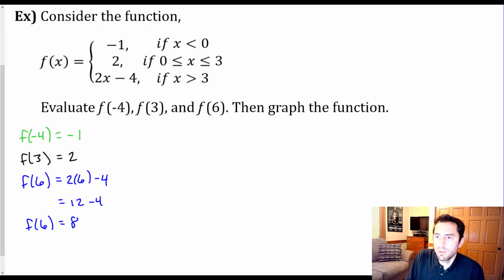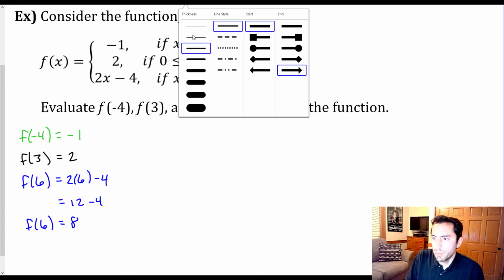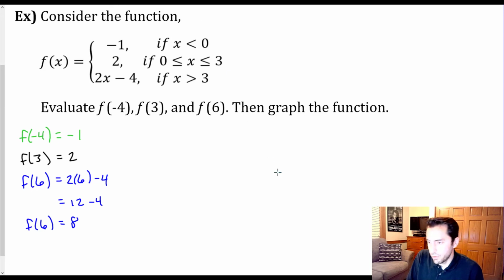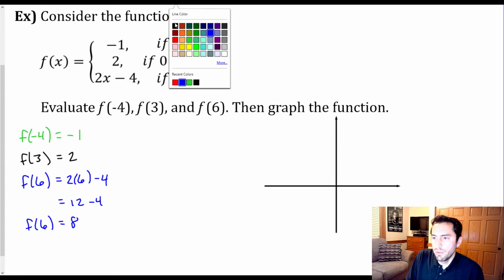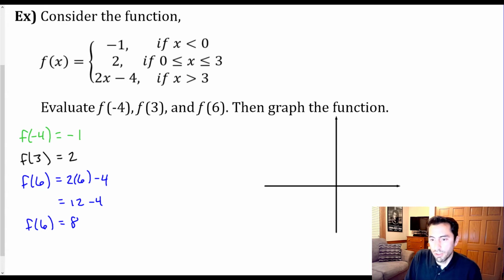And I'm just going to do a sketch. Nothing too fancy, but just to give you an idea of how this would look. So make a couple axes here. Okay. Now what I like to do is just take note of where our switches occur.